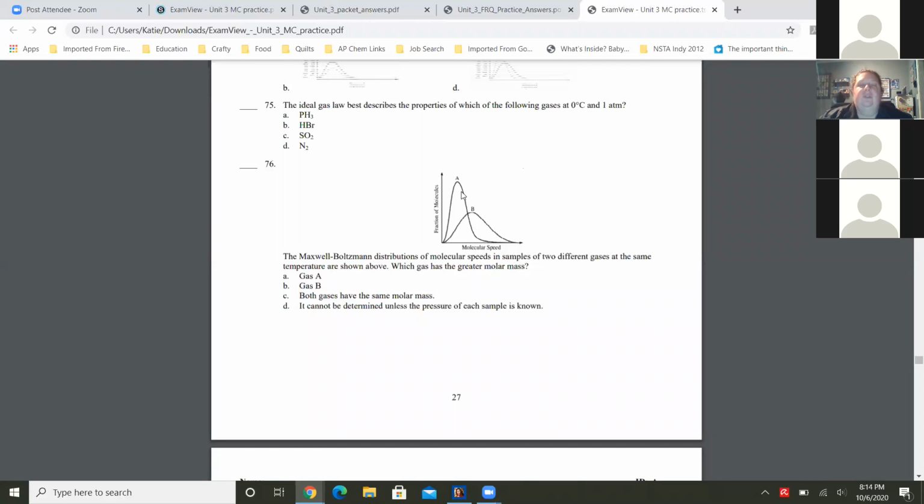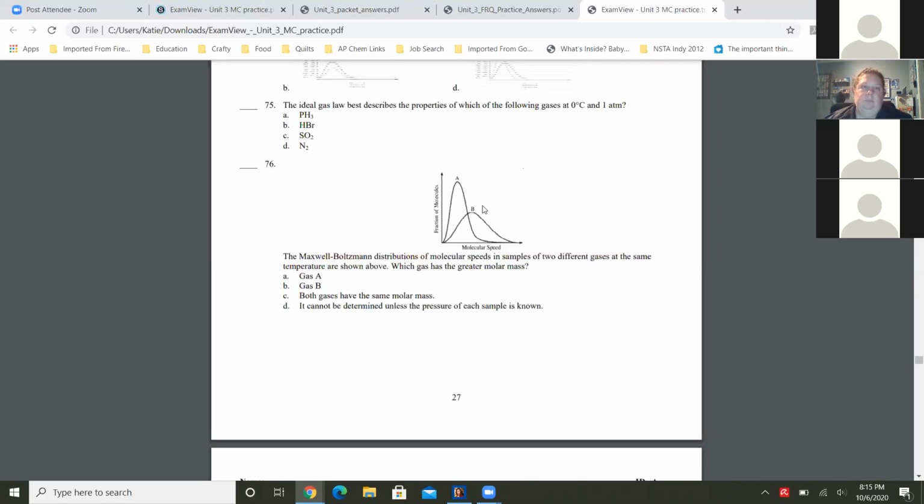So by looking at these graphs, I can see that the average speed for A is much lower than the average speed for B. Excuse me, I have hiccups. If that speed is lower, that's most likely to be the heavier gas. So gas A would have the greater molar mass than B, because B is moving faster. That means it has to be a lighter molecule.